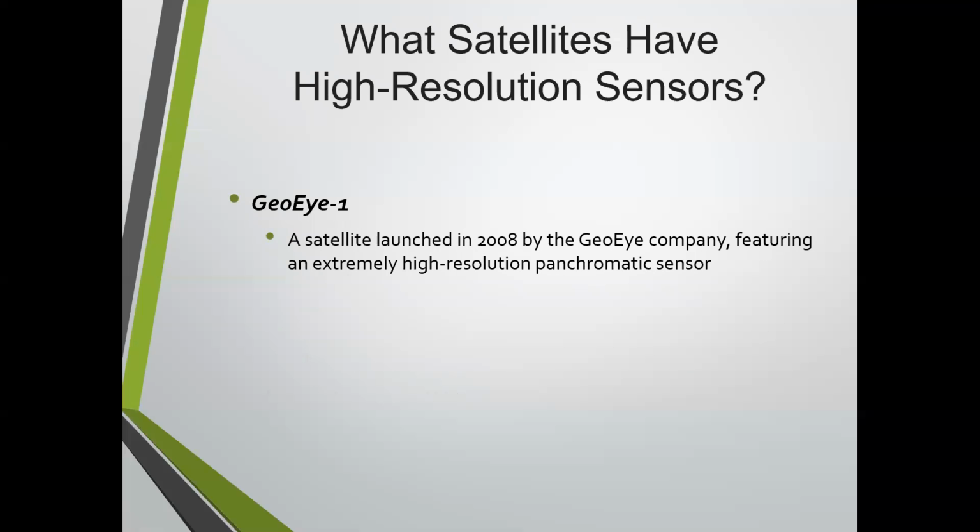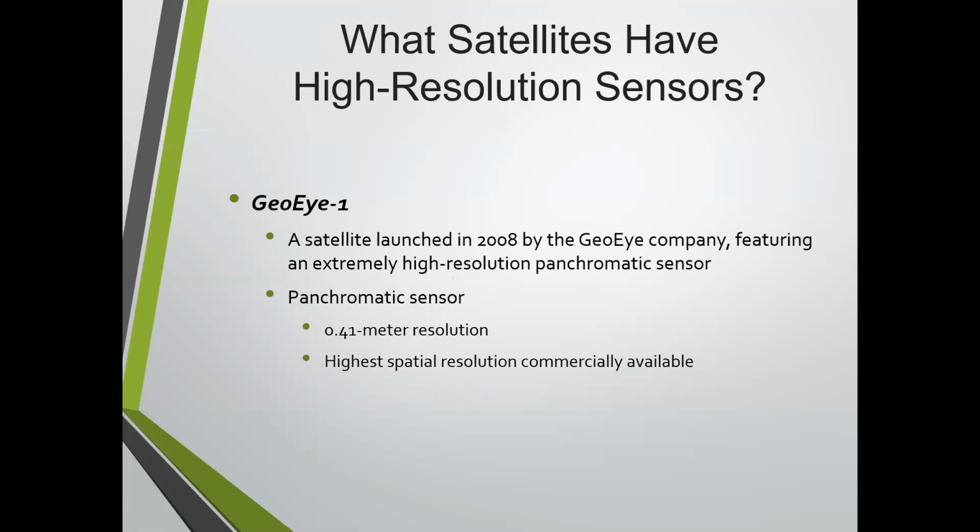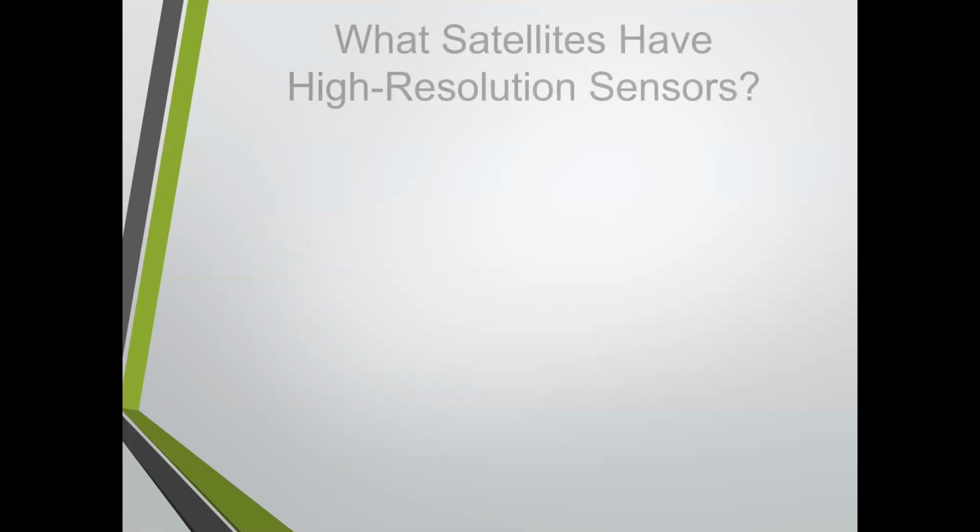That was in 2008. These are extremely high resolution panchromatic sensor, 0.41 meter resolution. So that's really pushing it down. That was at the time the highest spatial resolution commercially available. And again, that's probably been superseded. I've got to believe it has been, in 12 years since this was written. And multispectral sensors, 4-band resolution at 1.6 meter resolution.